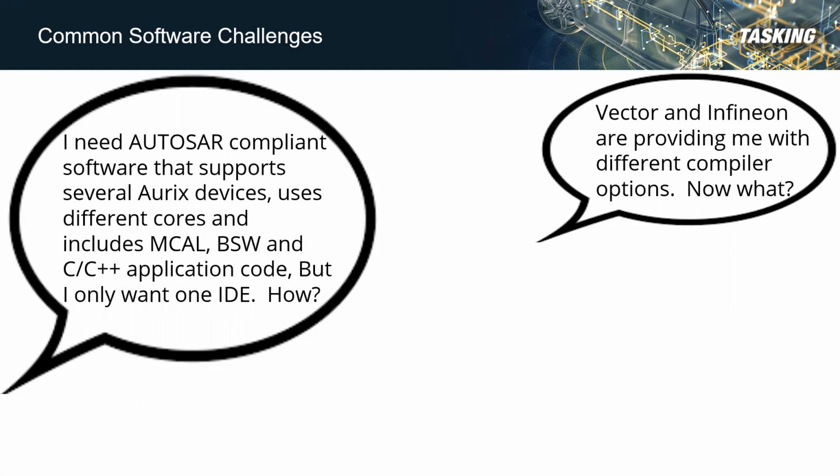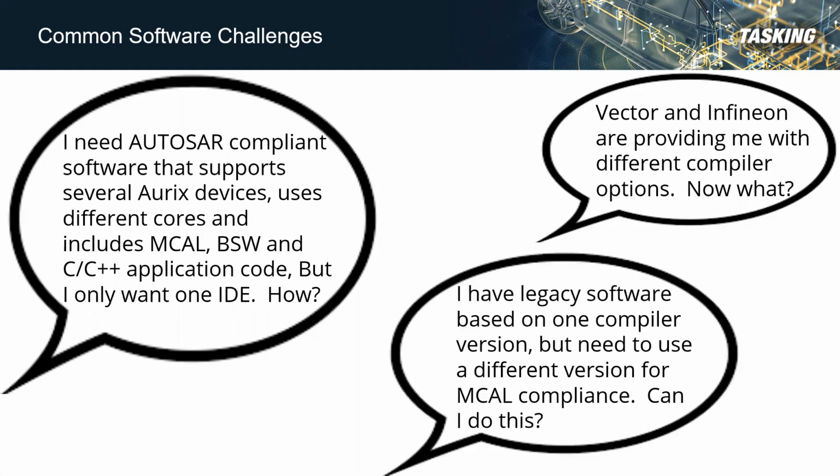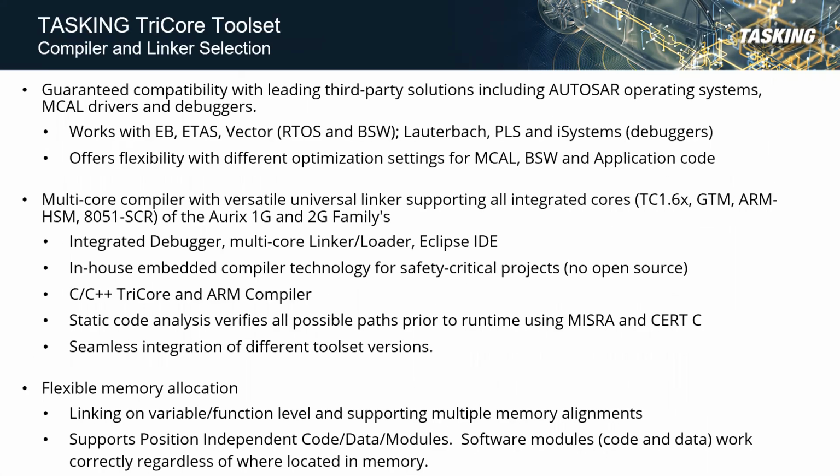How do you take something that's an MCAL compliant version of the compiler and say a legacy application version of the compiler set and put those two together? So these are many different challenges that the end user can face. And how does Tasking help you solve those problems?